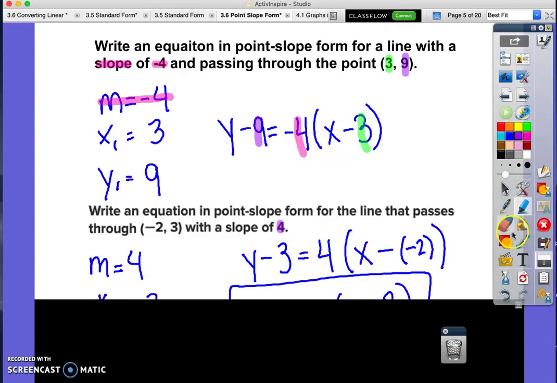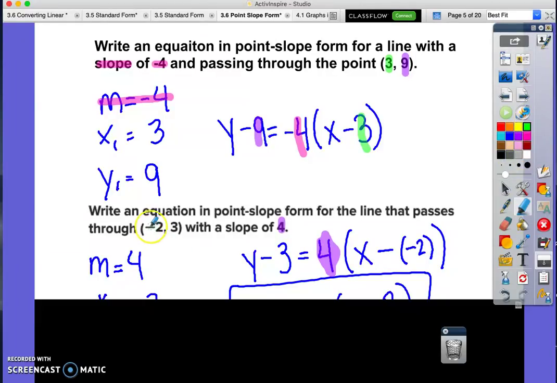Maybe I should do the same colors, huh? Let's do the same colors. So my slope is pink. So that's going to be replaced on the outside of my parenthesis. Then my x is green.